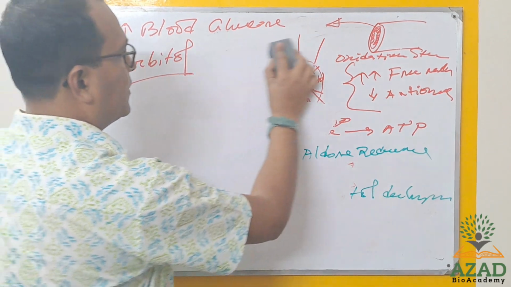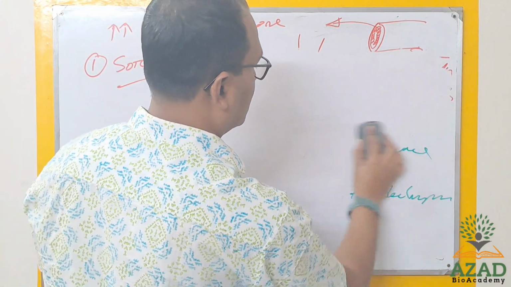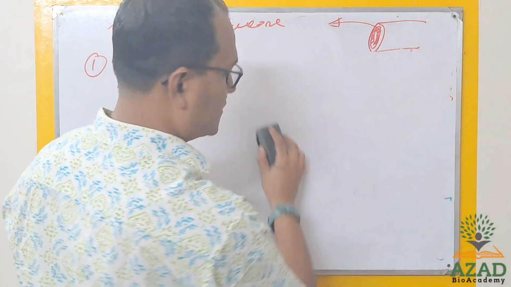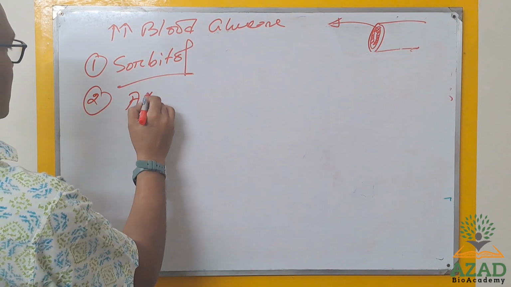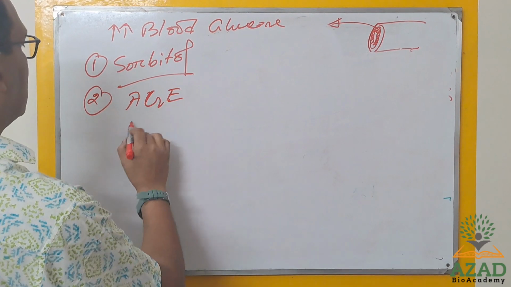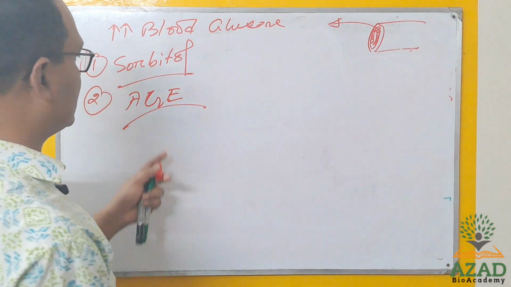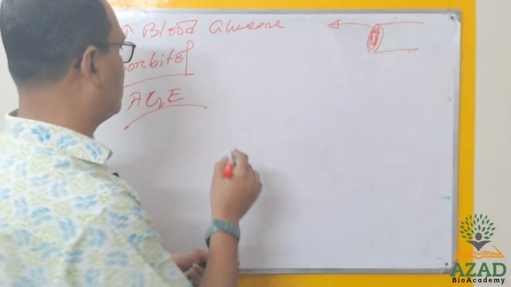Okay, so another culprit is AGE, the second one. That is advanced glycated end product. What does it mean?